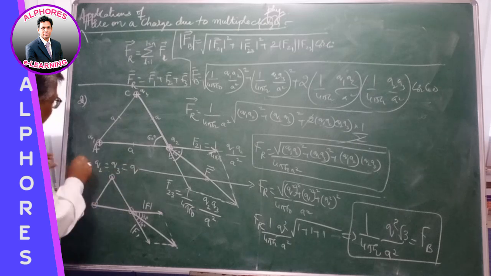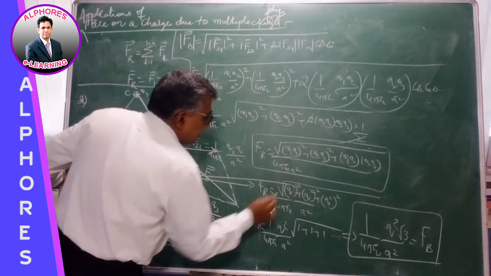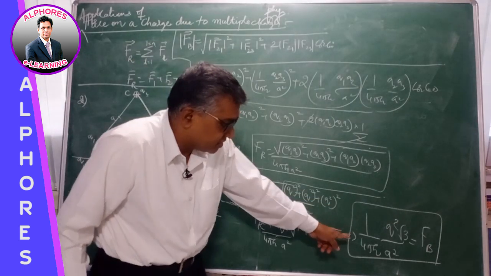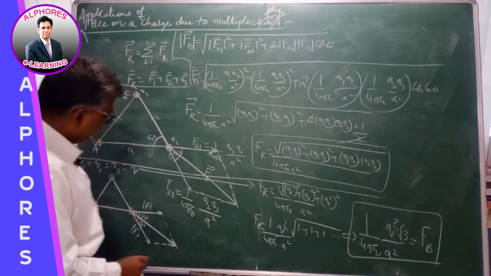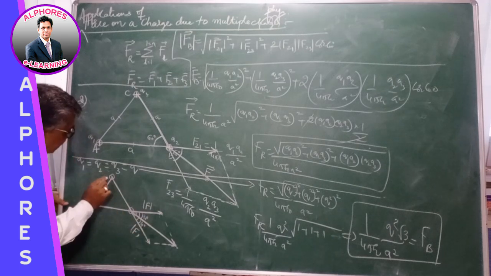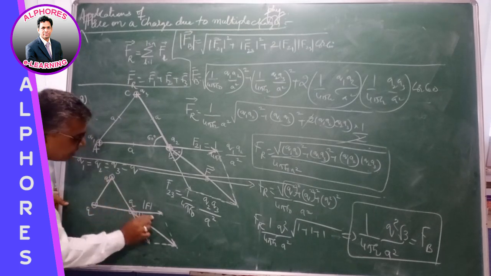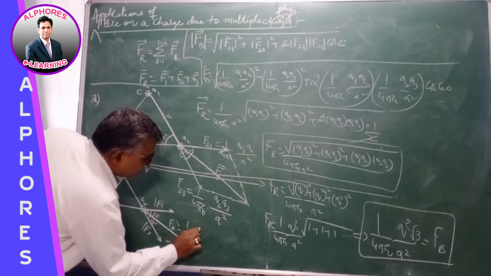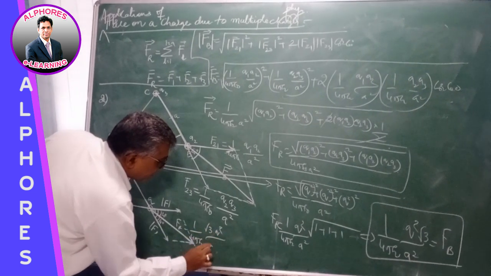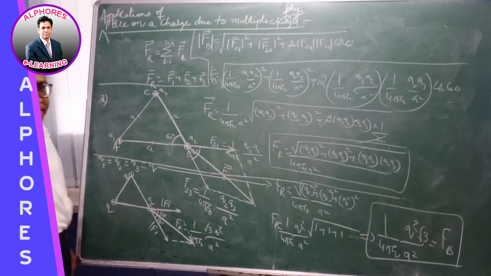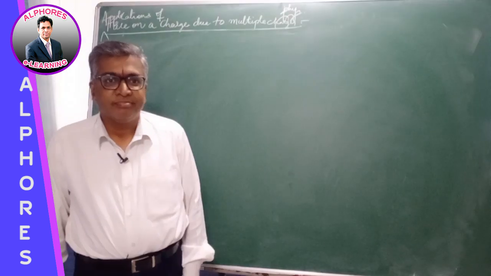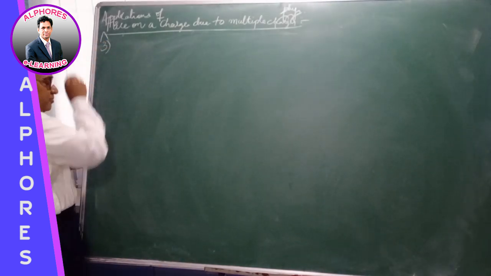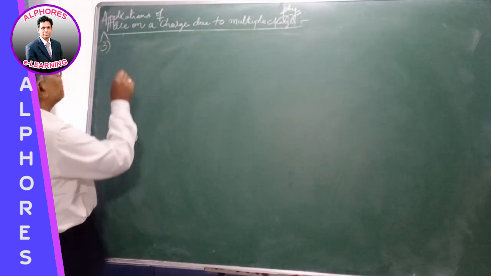So for this special condition, when all the three charges are of same magnitude, the resultant force due to these three charges Q is 1 by 4 pi epsilon naught root 3 times Q square by a square. Okay? Thank you.